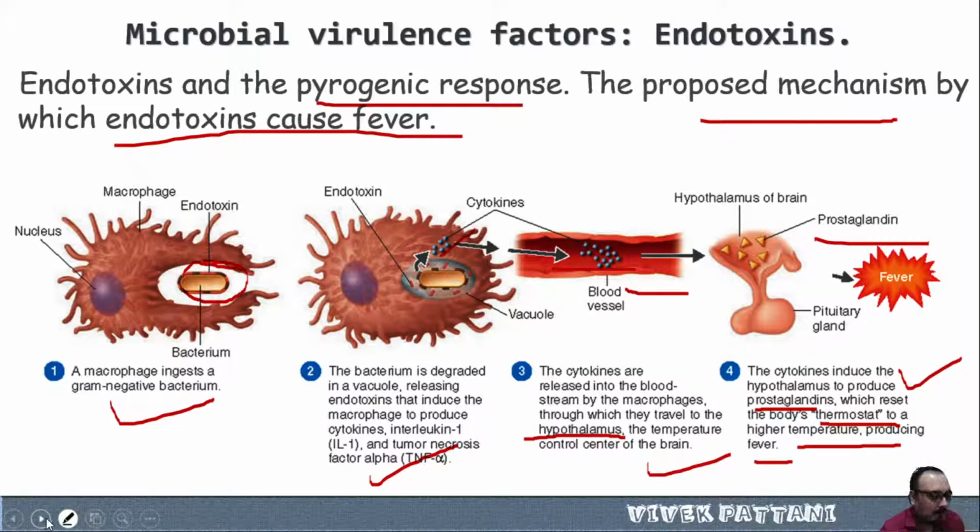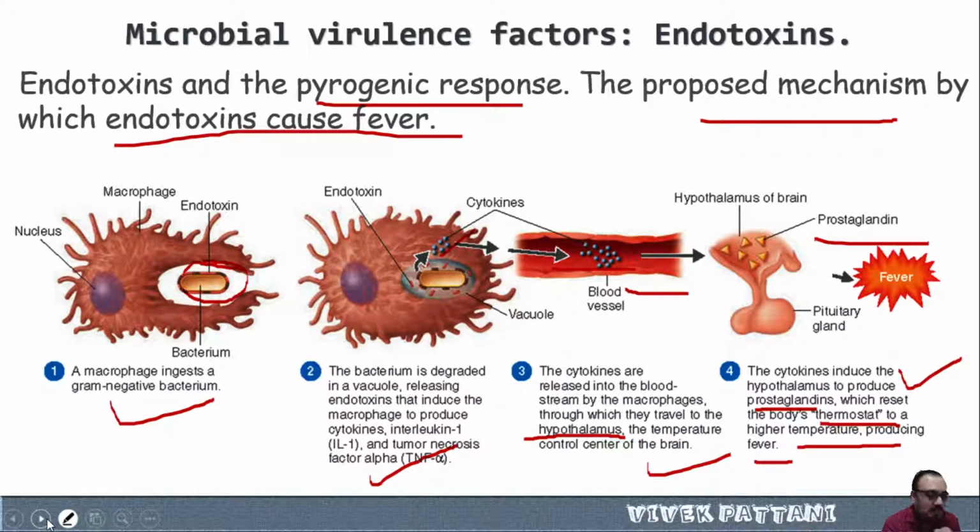Again, the whole procedure: a macrophage ingests a gram negative bacterium. The bacterium is degraded in a vacuole, releasing the endotoxin that induces the macrophage to produce cytokines, interleukin 1 and tumor necrosis factor alpha.